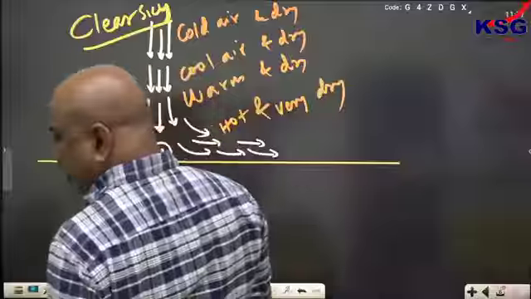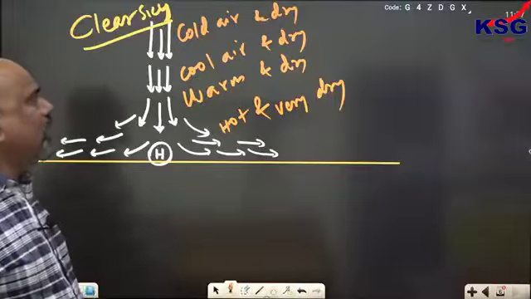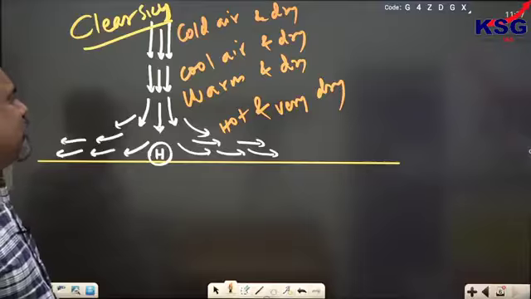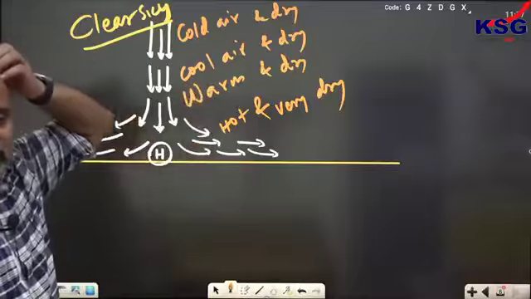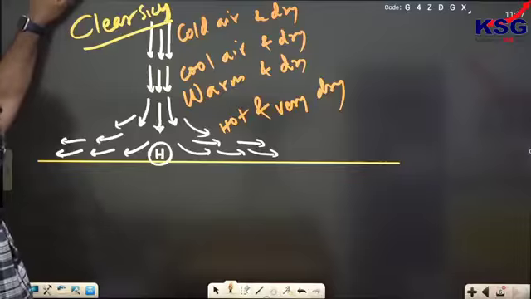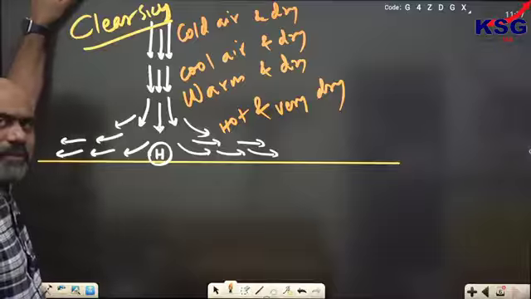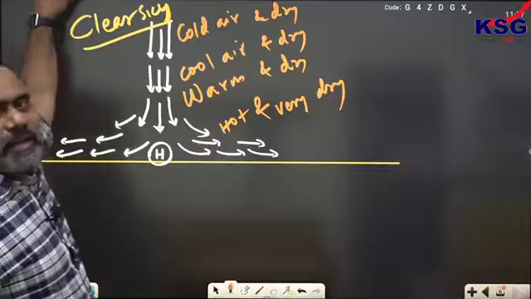Gradually when temperature increases, dryness of the air will be more, capacity to hold moisture will be more. While the air will sink, you know that if it goes up, temperature will decrease because of adiabatic lapse rate cooling. But while it goes down, temperature will increase.